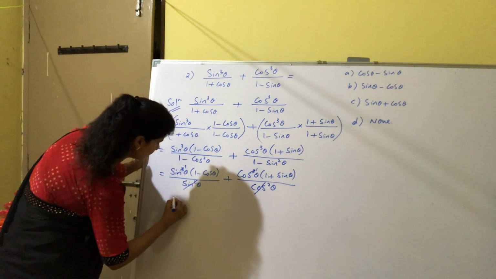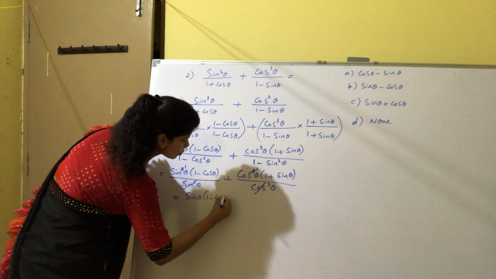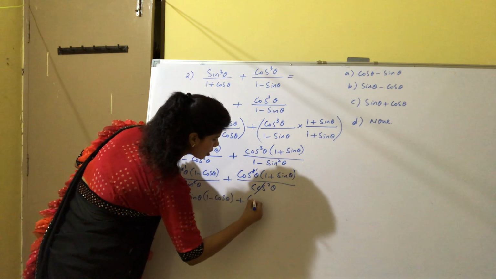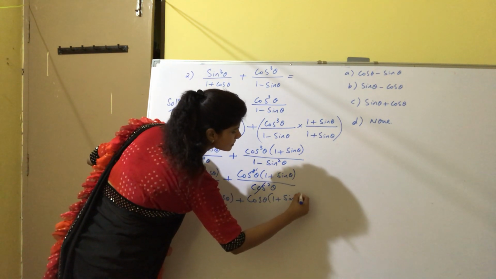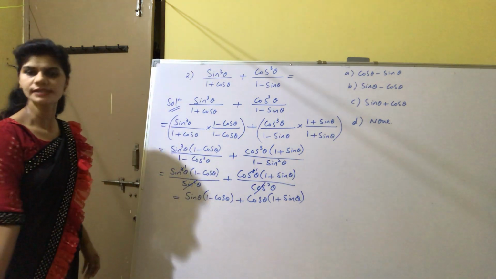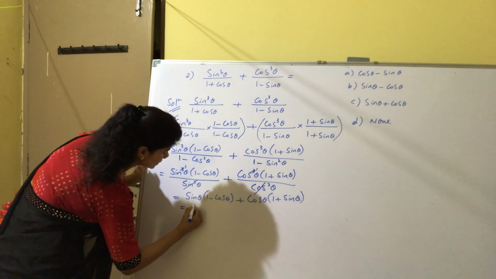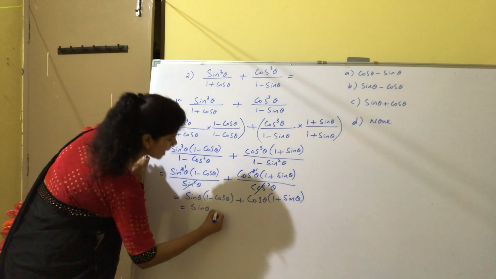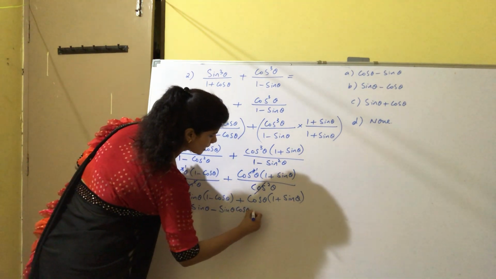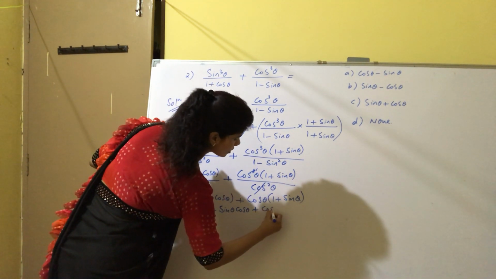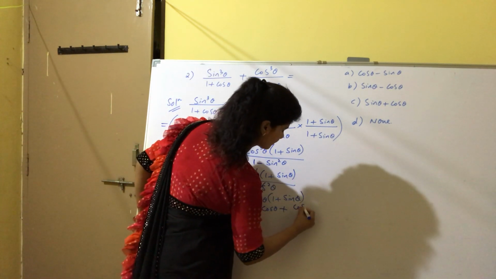So we are left over with sine theta into 1 minus cos theta plus cos theta into 1 plus sine theta. Okay students? Now simplify carefully. Sine theta into 1 is sine theta minus sine theta into cos theta, plus cos theta into 1 is cos theta plus cos theta into sine theta.